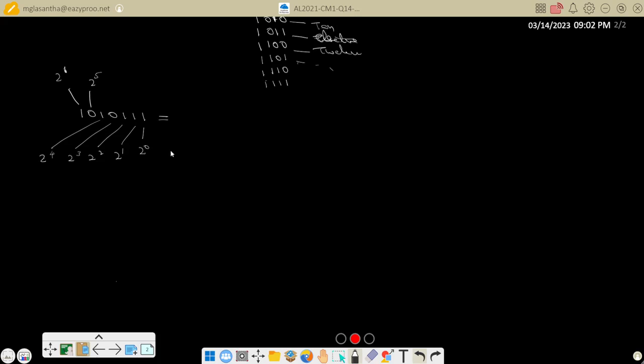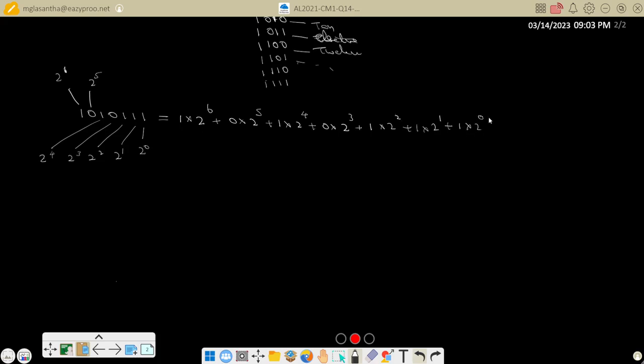Then how to expand this number? So you can write 1 into 2 to the power of 6, plus 0 into 2 to the power of 5, plus 1 into 2 to the power of 4, plus 0 into 2 to the power of 3, plus 1 into 2 to the power of 2, plus 1 into 2 to the power of 1, plus 1 into 2 to the power of 0.